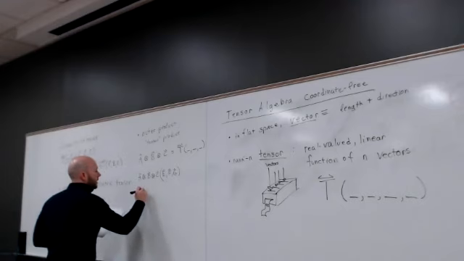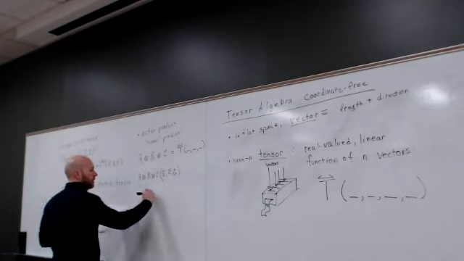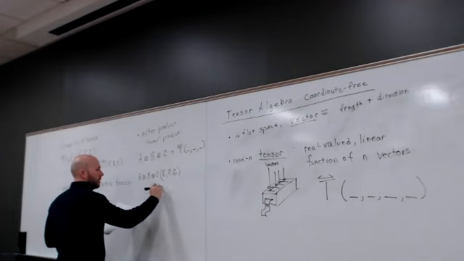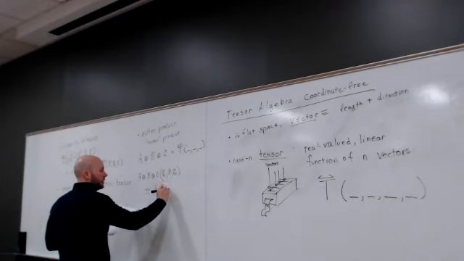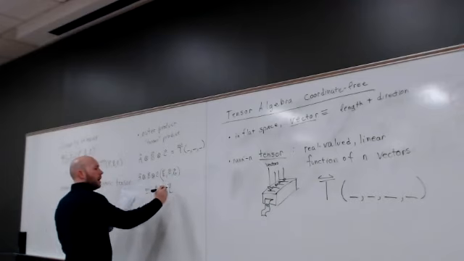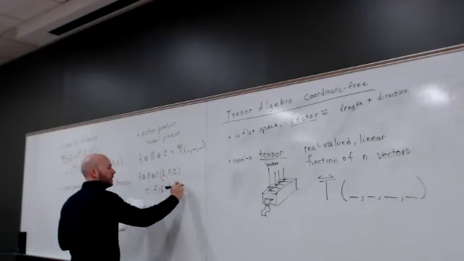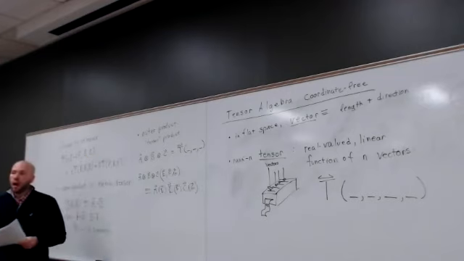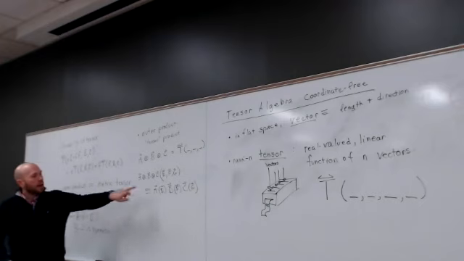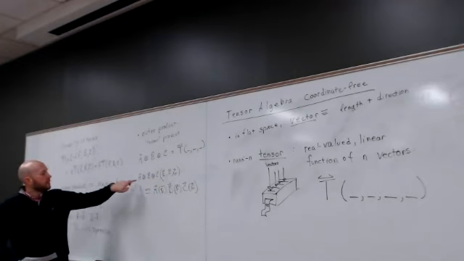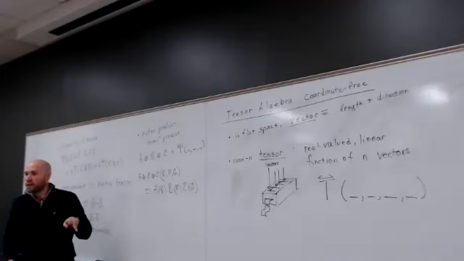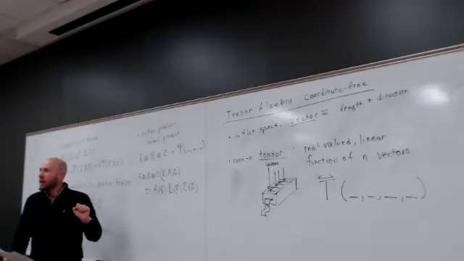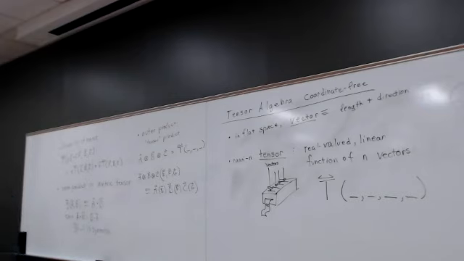And so this thing is defined to be A operating on E times B operating on F times C operating on G. So I've taken this object, I've put the vector E into vector A's one slot, and so on and so forth. So this is a demonstration, a representation, a proof, I don't know if it's a proof, that vectors are tensors.